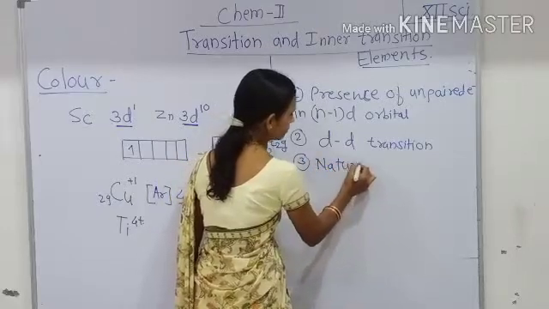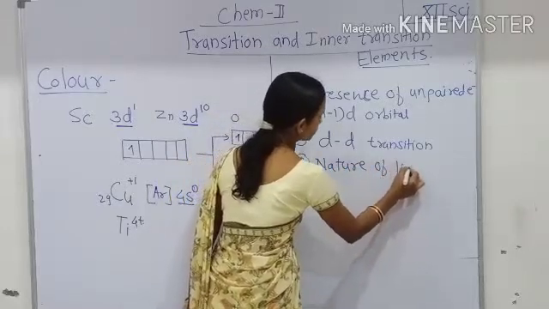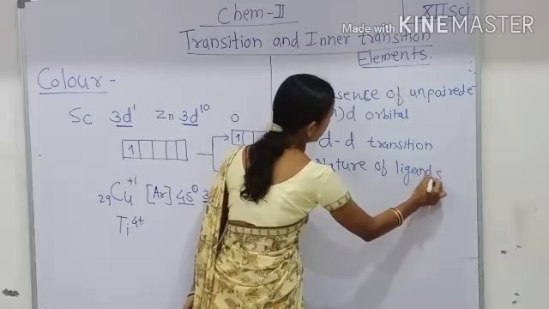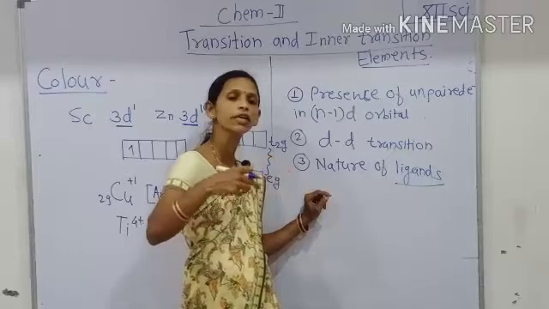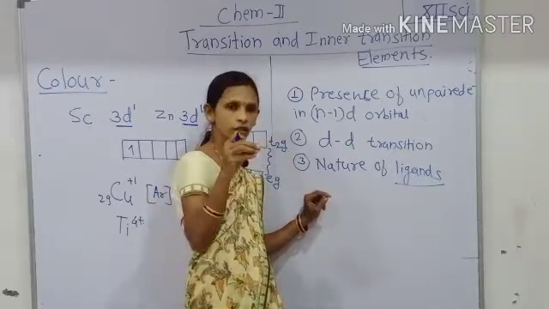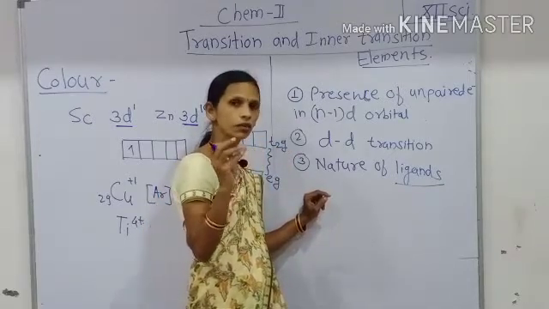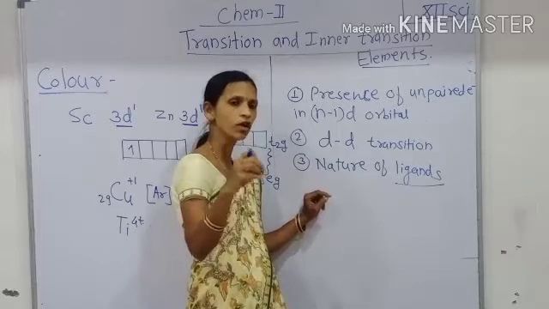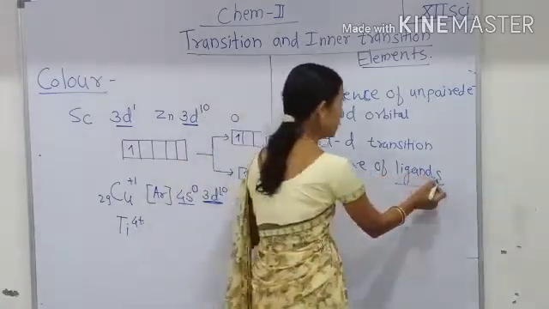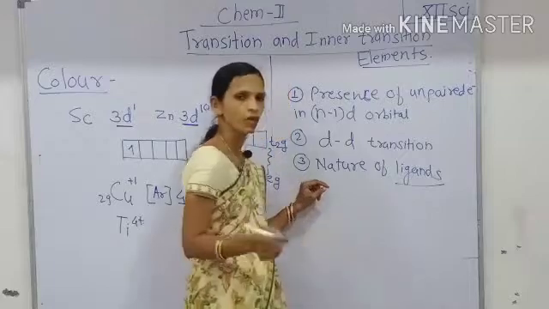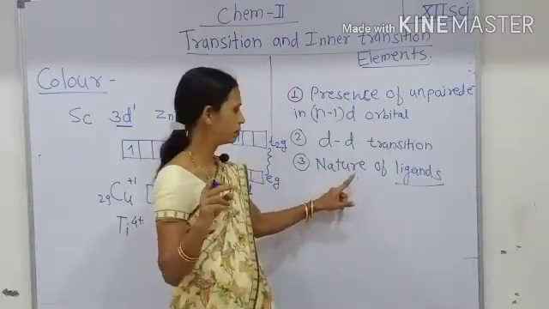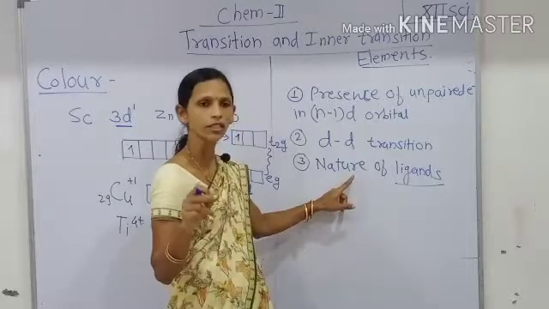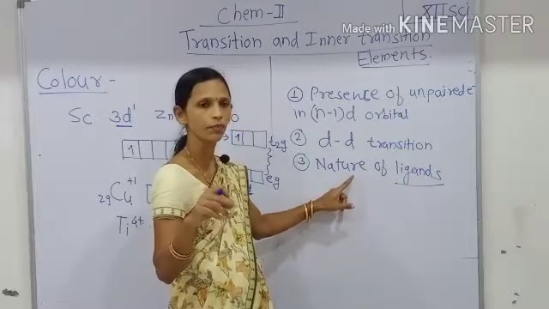In complexes, central metal ions are surrounded by a particular group of elements or ions. These are called ligands. The color of the transition element depends on the nature of ligands.